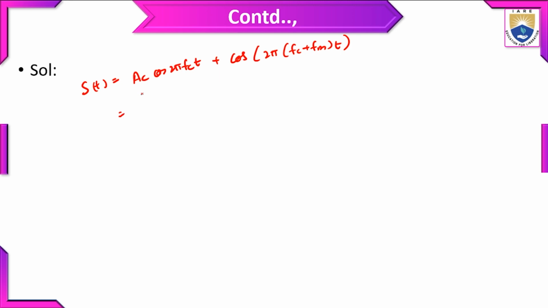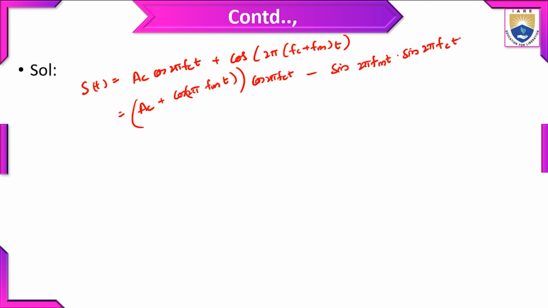This is (Ac plus cos 2 pi Fm t), the whole bracket, times cos 2 pi Fc t, minus sine of 2 pi Fm t into sine 2 pi Fc t. So here cos of (A plus B) is going to apply. So that is cos A cos B minus sine A sine B.